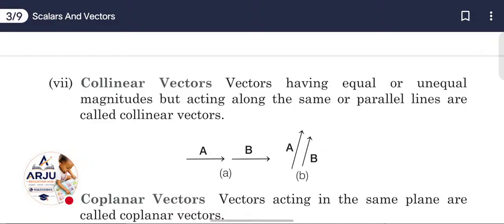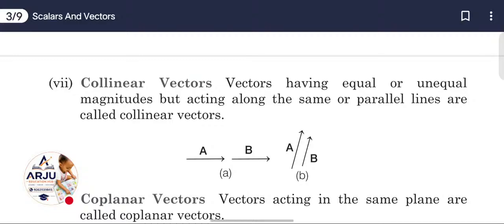So in the collinear vector, it may be vectors having equal magnitude or unequal magnitude acting along the same or parallel line.